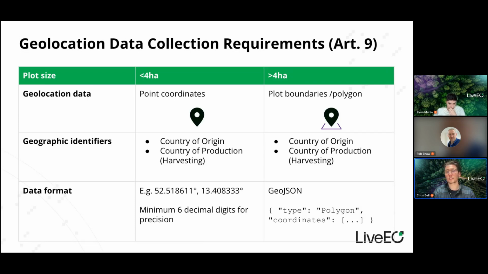And so that also goes a little bit to the data type that would be supported there. So on the point coordinates, just a simple lat-long pair, and on the polygon, GeoJSON polygon, multi-polygon types, which are what are supported by the EU information system.